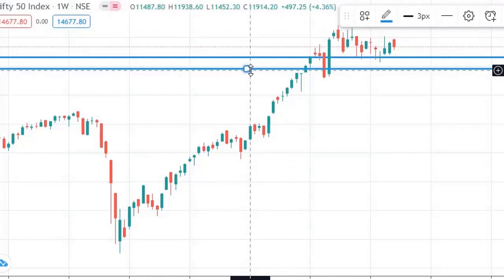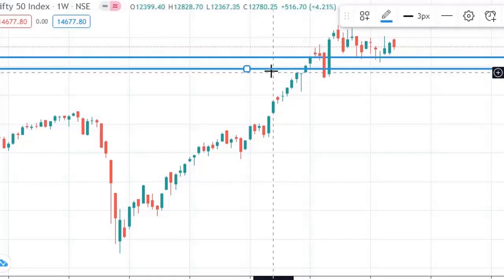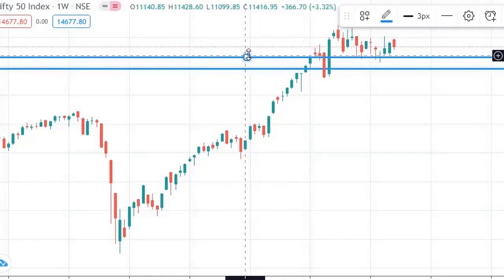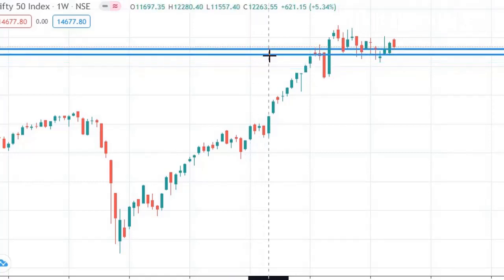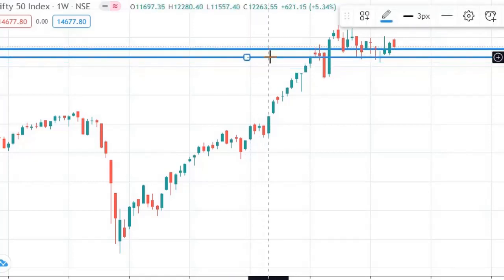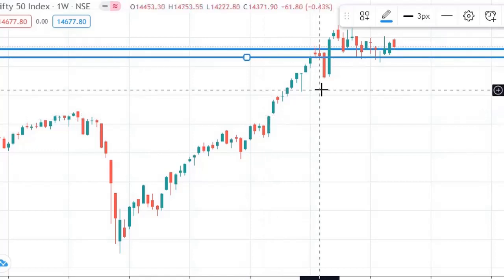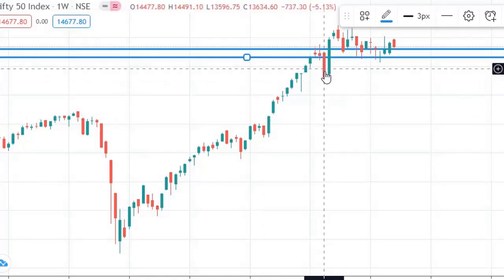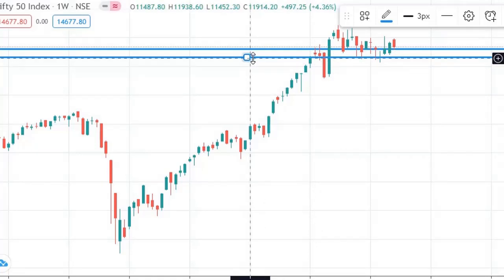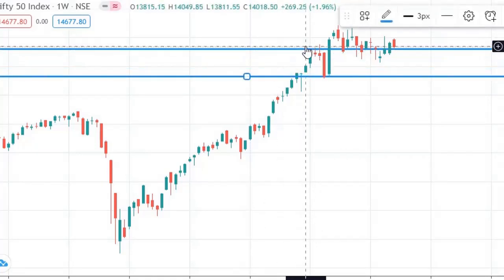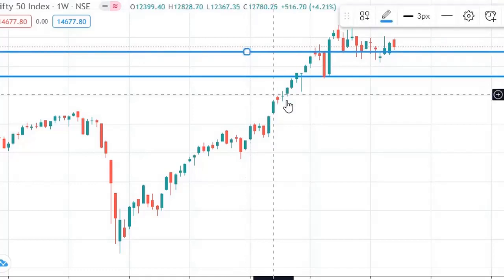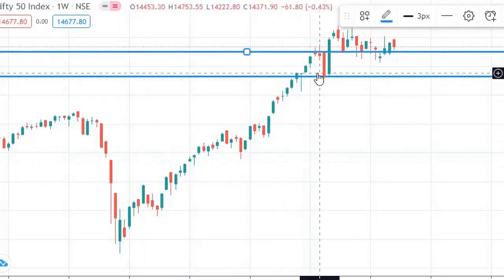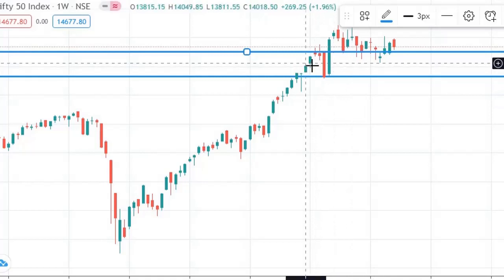The red bar closes above. Now this bar broke, so we came down. This is a profit booking range, so that's why it came down here and then again reversed.